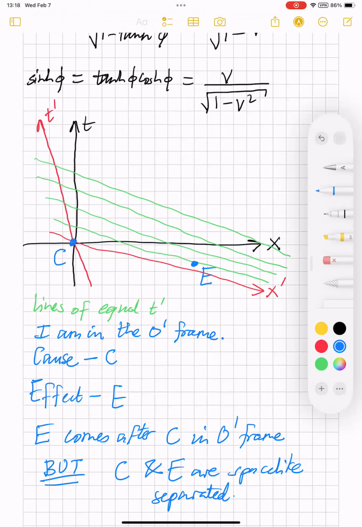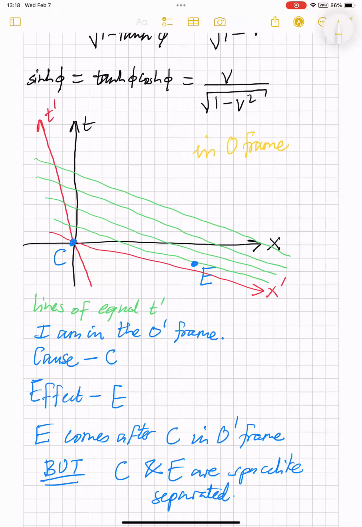Now I want you to look at things in the O frame. So in the O frame, what's going on? Well, here is the cause happening at this time, and the effect happens at this time over here. So in the O frame, the effect comes before the cause.